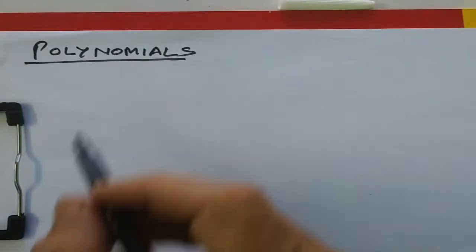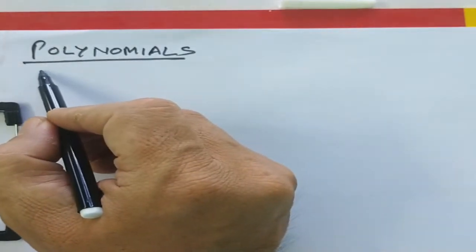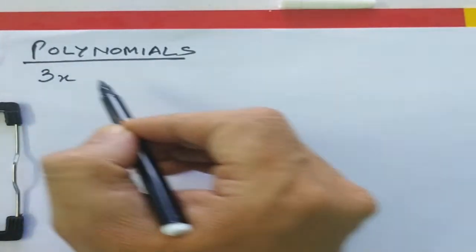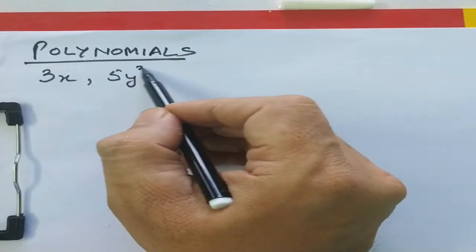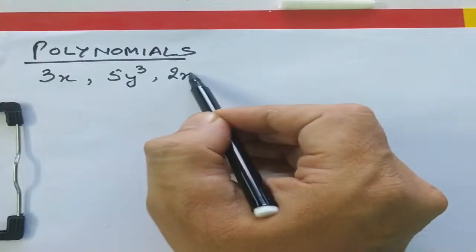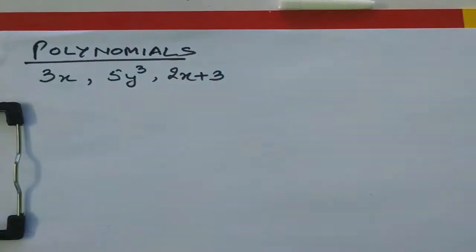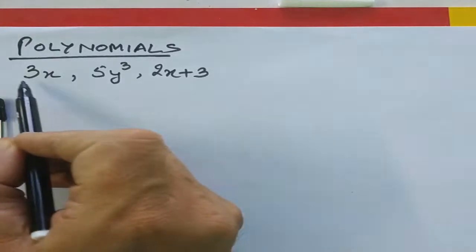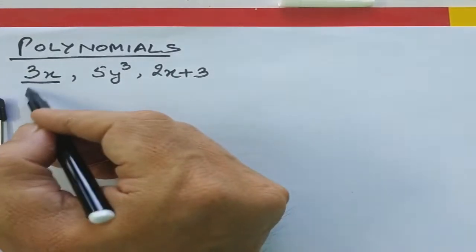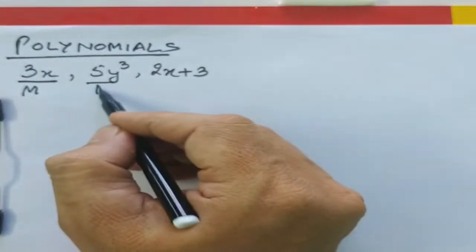In polynomials, an expression like 3x or 5y, 3 and 2x plus 3. So this is an example of a simple expression. This is normally called a monomial. These are monomials.